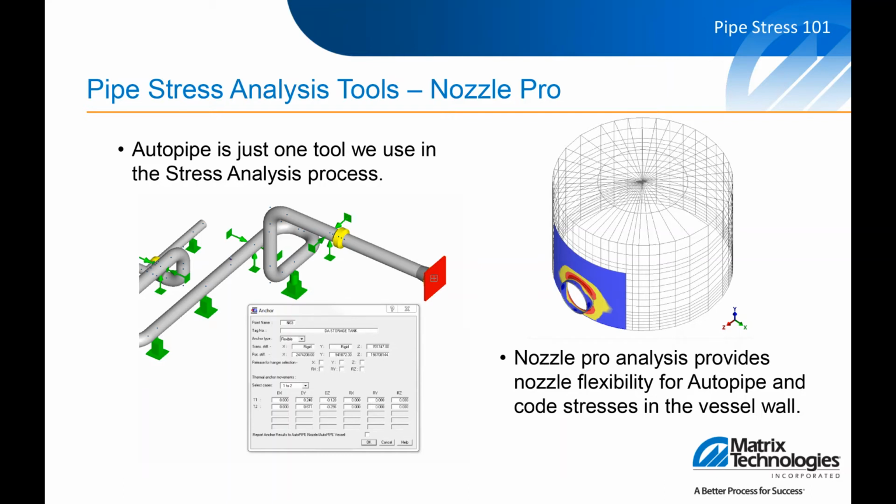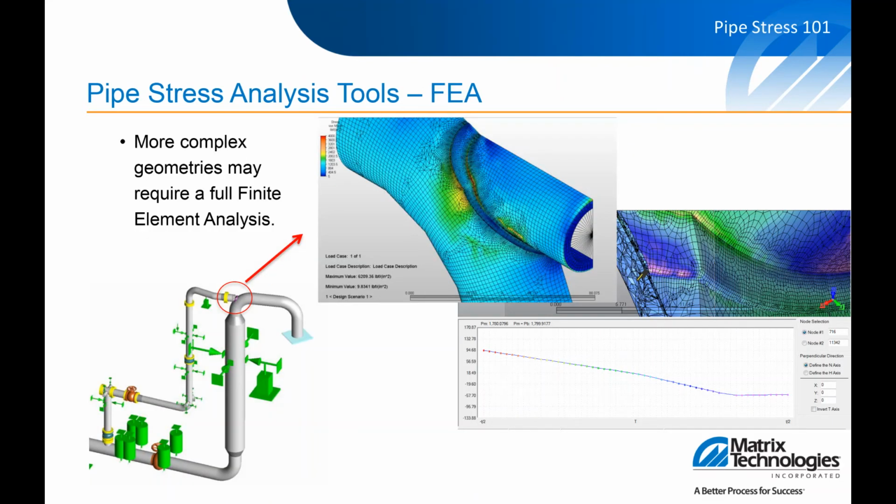Sometimes the configuration is unique. The limitation of Nozzle Pro is only certain geometries can be put into Nozzle Pro. It's a predefined geometry tool. Sometimes you get something like this connection here where you have a pipe going into the back of a large elbow.